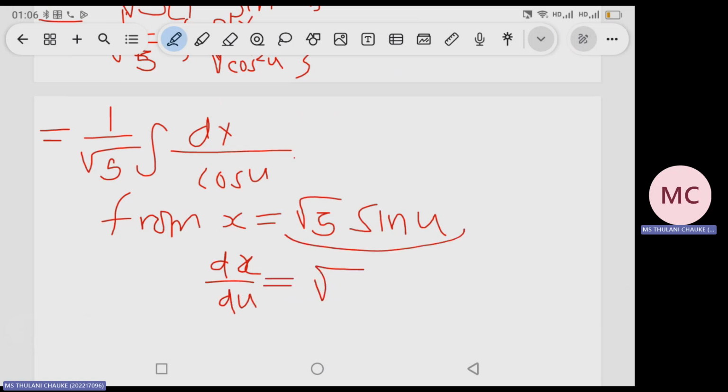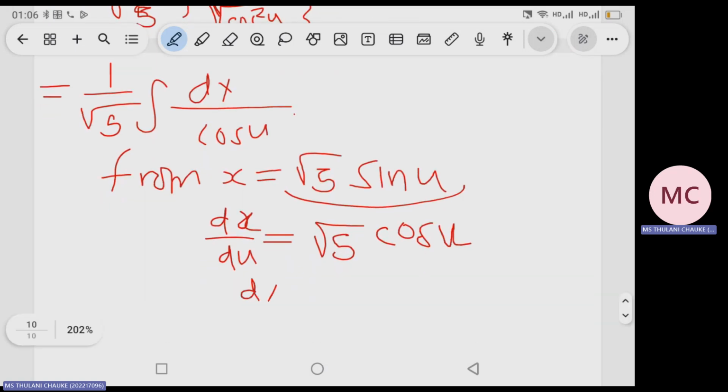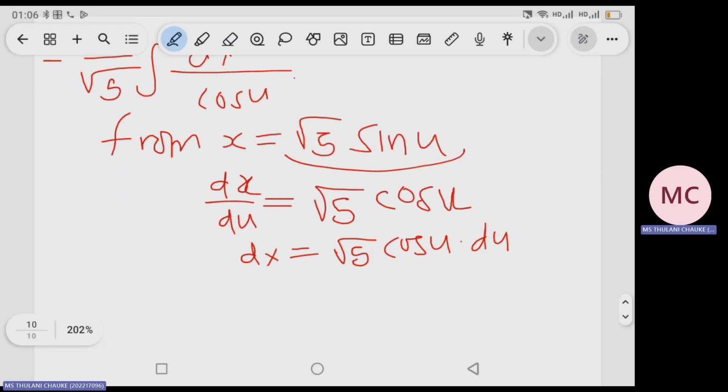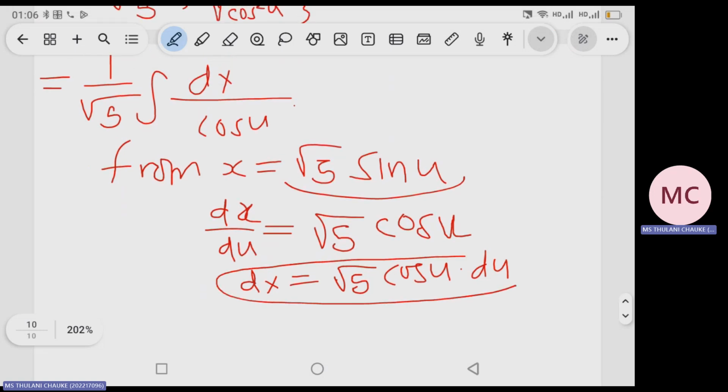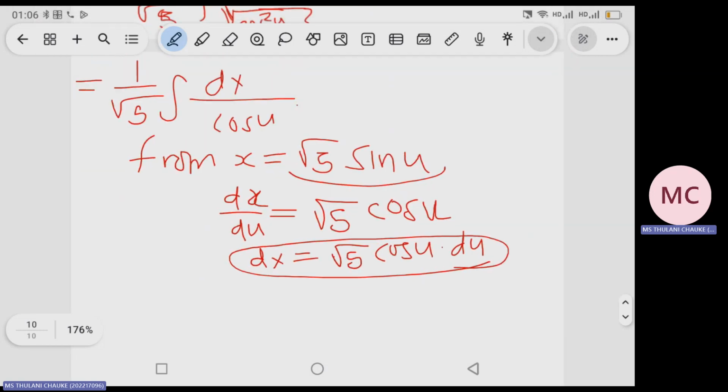If you differentiate this, you'll get root 5 cosine u. Then dx will be equal to the root of 5 cosine u times du. Then I'm going to take this and replace it where there is dx.